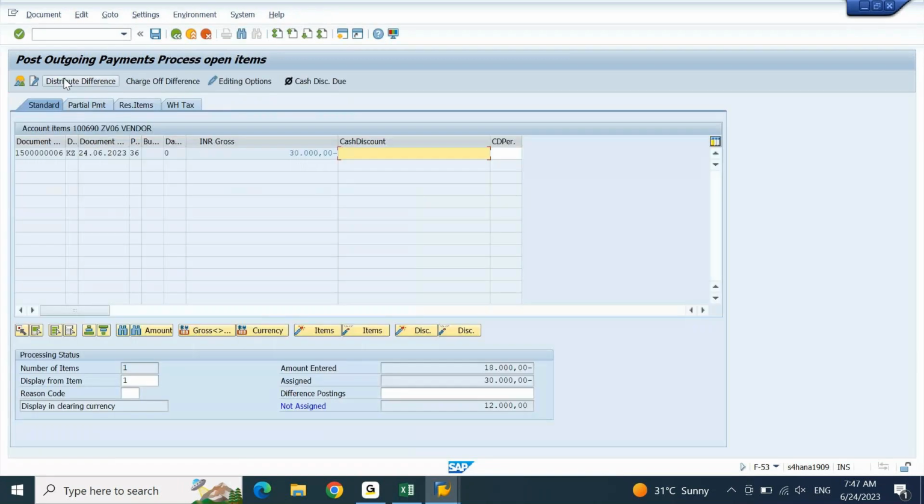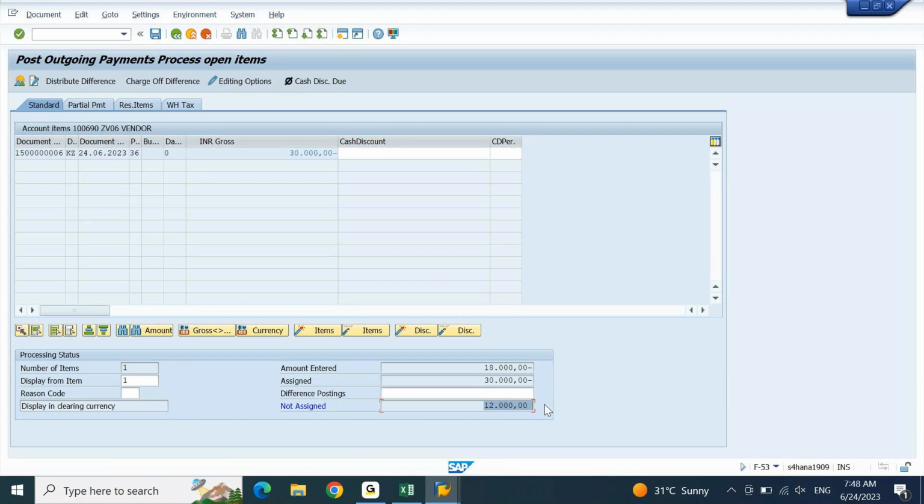What is this balance, debit or credit? Debit. What is this balance? Is this a debit balance or a credit balance? Are you talking of the not assigned?